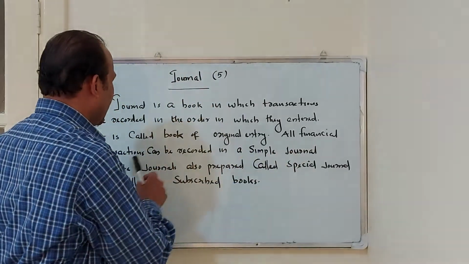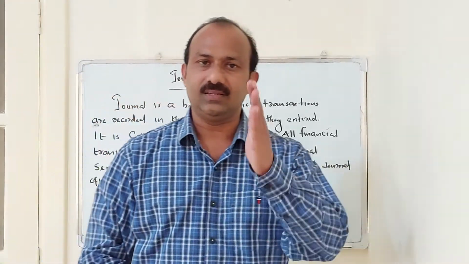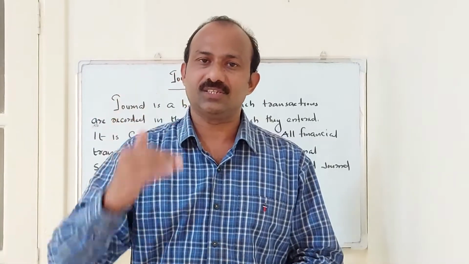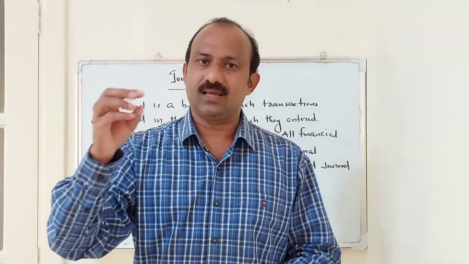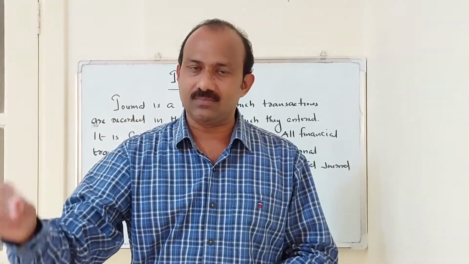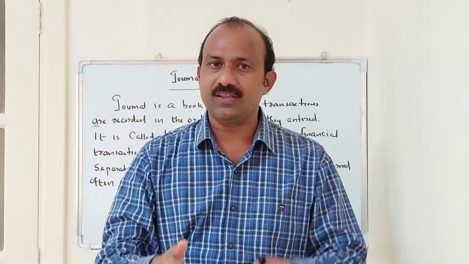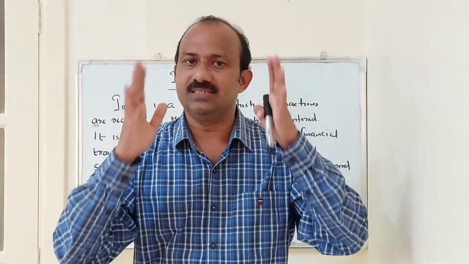All financial transactions can be recorded in a simple journal. In every business organization, there may be any number of financial transactions. Financial transactions mean rent paid, salary paid, insurance paid, started business. These are the financial transactions. You record all the financial transactions in a single or simple journal.